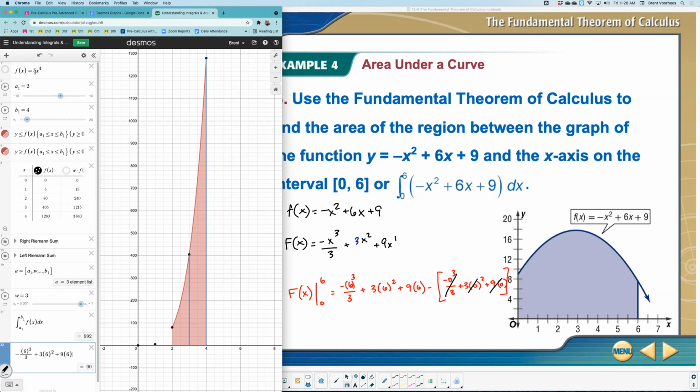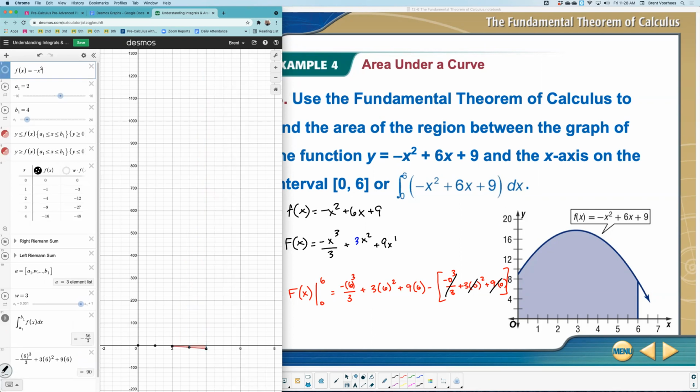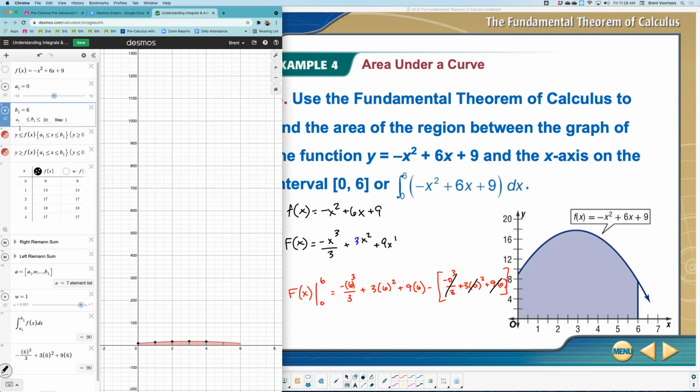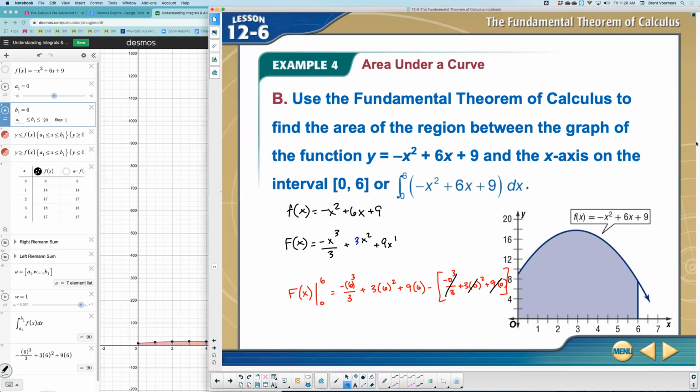Let's determine now if that's totally accurate. We have negative x squared plus 6x plus 9 as my original function, and I'm looking at the integral evaluated on the interval 0 to 6. And it does say it's 90. So we got that correct. So the answer here would be 90.